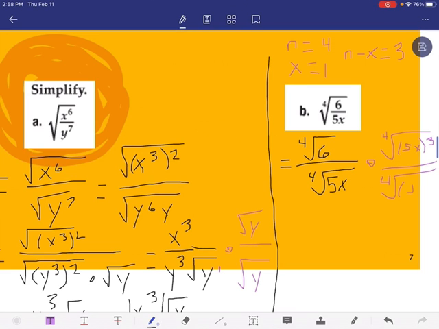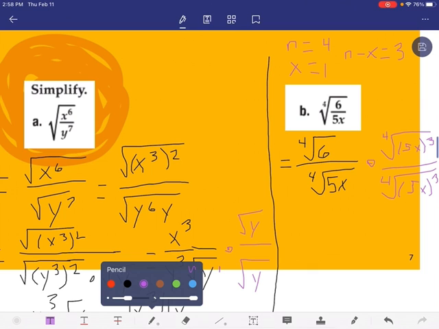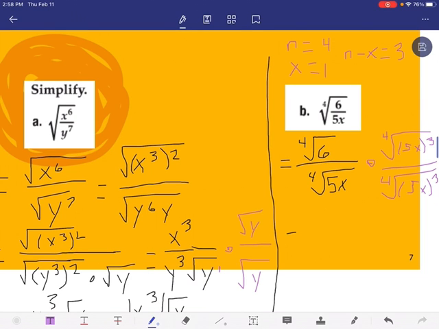Because now when we do that, well, 5x times 5x to the 3rd gives us 5x to the 4th, which is what we want because now my exponent is the same as my index.